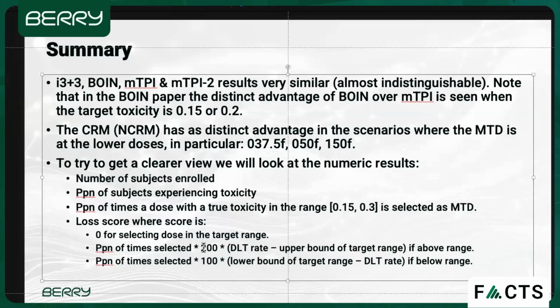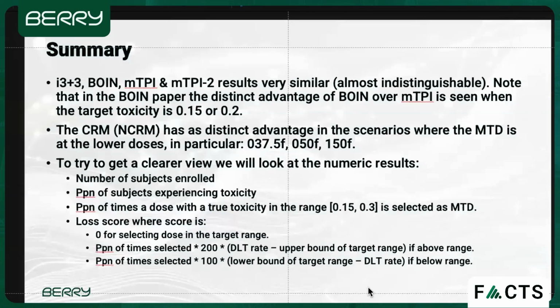And that's scaled by 200, because we're multiplying 2 probabilities here. So you can think of multiplying it by 2. And then similarly, if you underdose, and the actual toxicity rate of the selected dose is below the range, then the cost you pay, the loss, is the difference, but not twice the difference, by which you're below the lower bound of that target range.